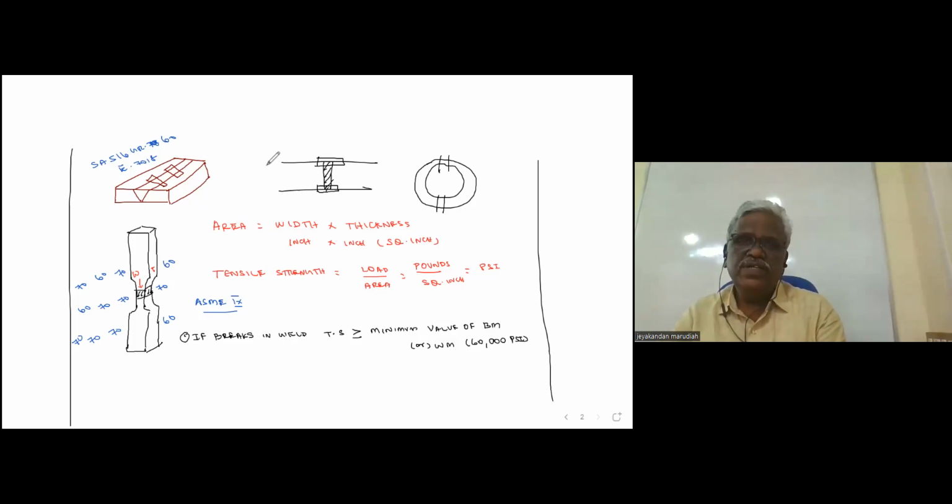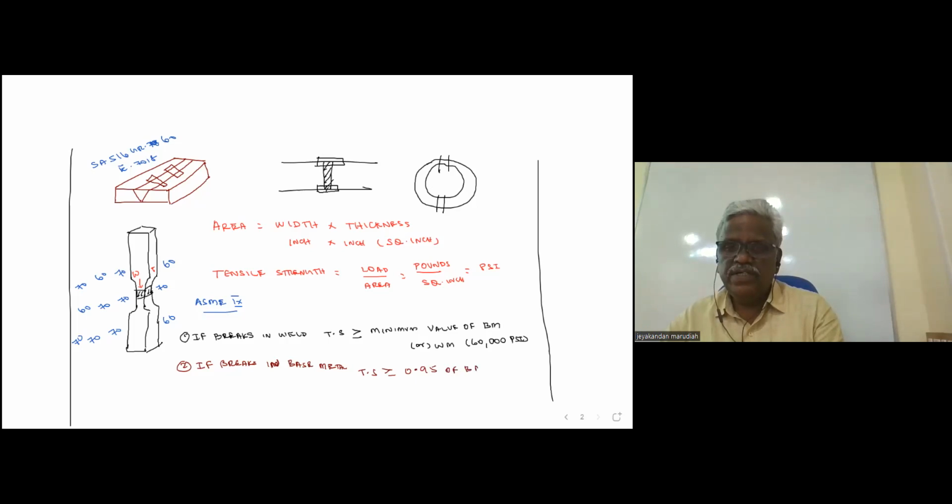Now the next one, if it breaks in the base metal, the calculated tensile strength should be greater than or equal to 0.95, or 95%, of the base metal value. So a 5% reduction is allowed.